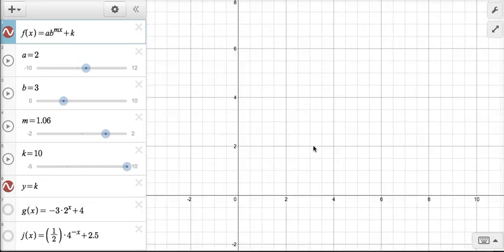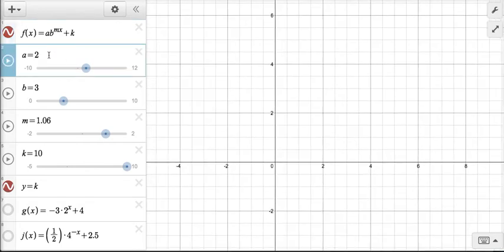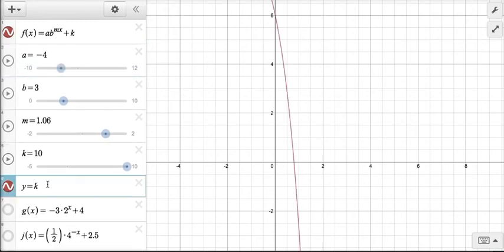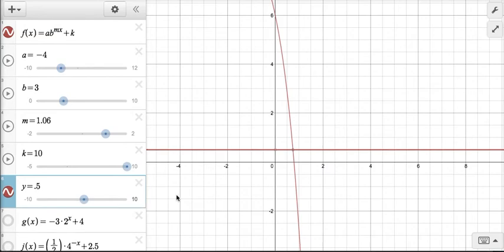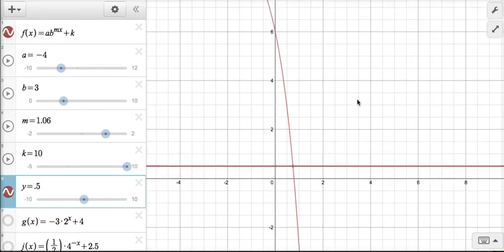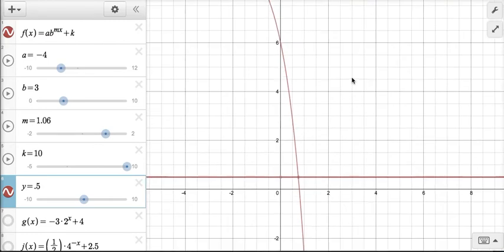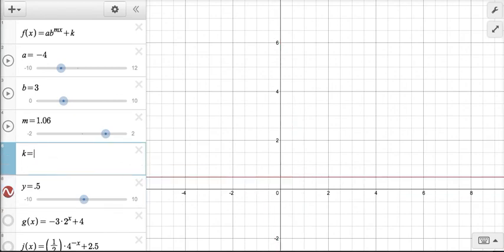Let's play around with it one more time. Say A is a negative 4, and K is 1/2. There we go.